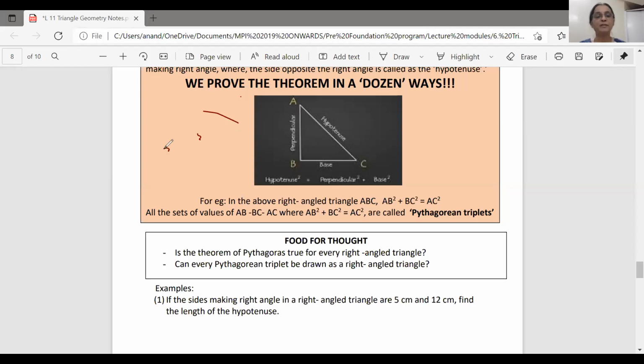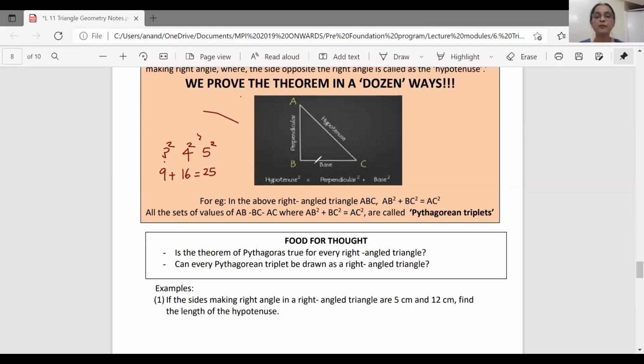Okay, so let us see 3, 4, 5. What is 3 square? 9. What is 4 square? 16. 9 plus 16 is equal to 5 square, 25.